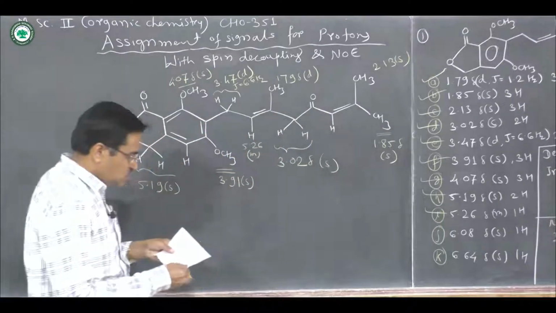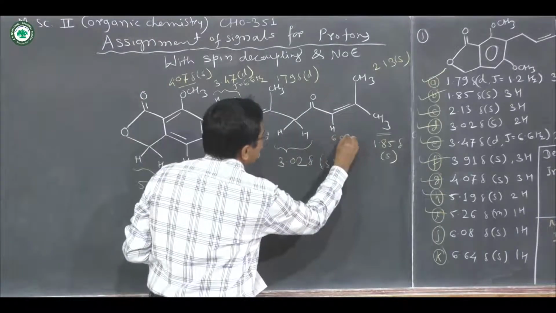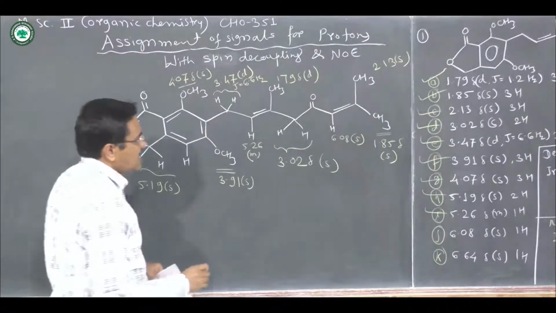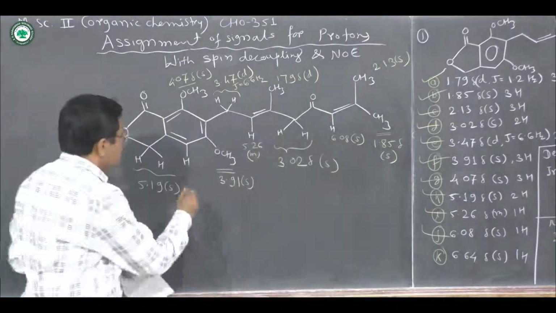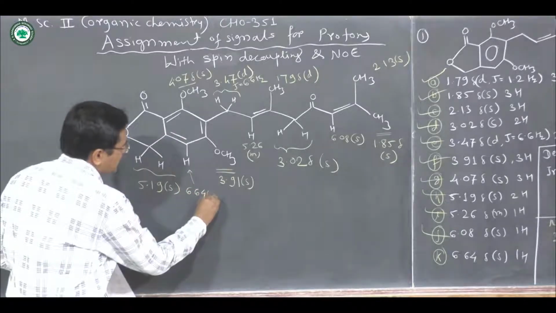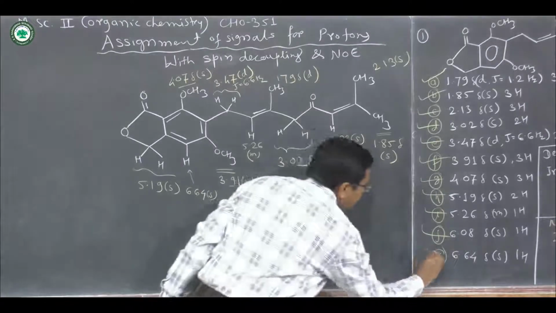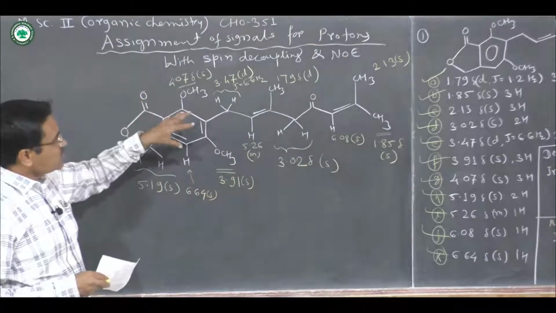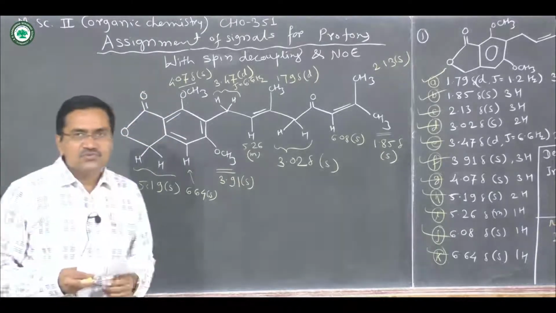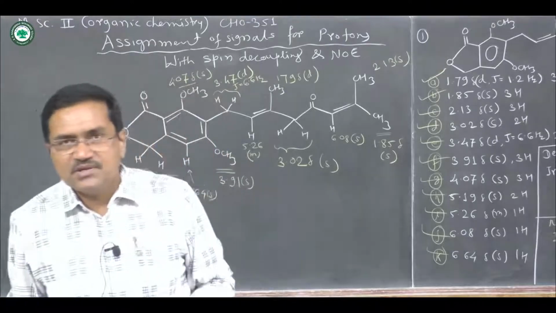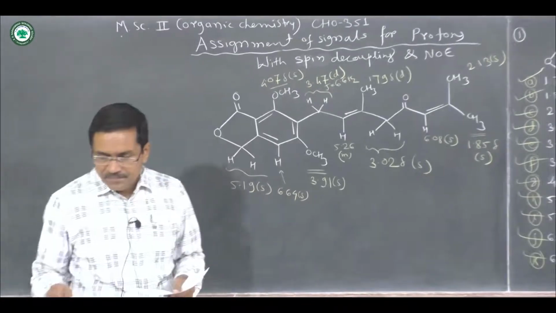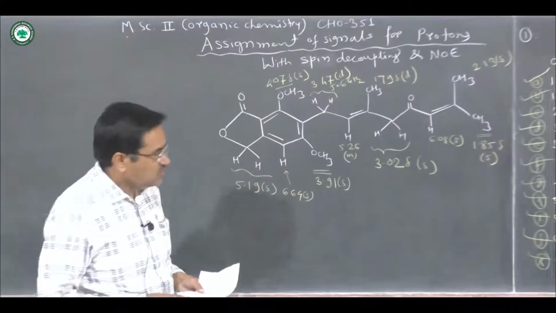Then 6.08 is a singlet for 1 proton, and the last remaining one, 6.64, is a singlet. Now all protons are assigned, with different chemical shift values depending upon the environment.